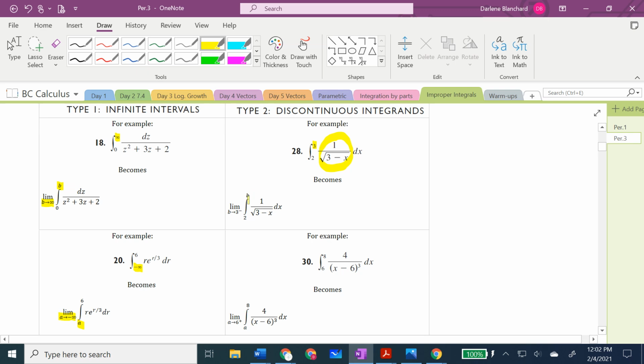You will replace that right endpoint number with a variable. And very important, you're only dealing with one side. So if I look at an interval between 2 and 3, I have to be approaching 3 from the left side. So make sure that you know the proper limit to set up.